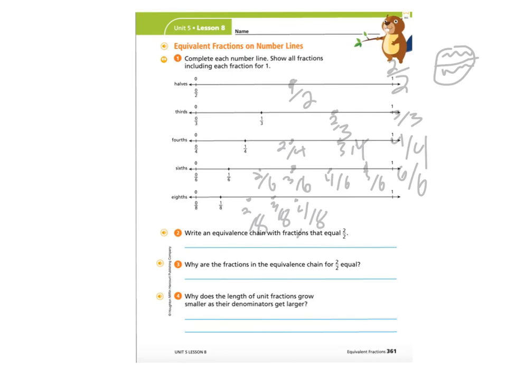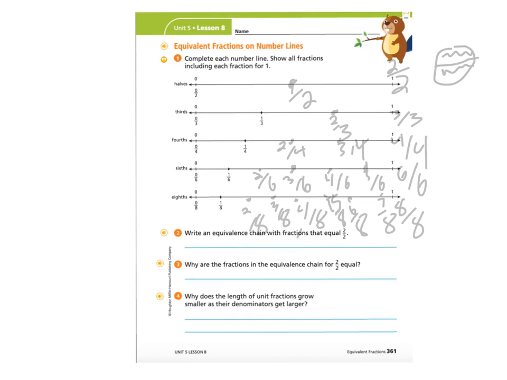Between 4/8 and 1 whole, which is 8/8, that's 4, 6, 8, so that'd be 6/8. And if I find the halfway point between those two, that would be 5/8, and that would be 7/8. So now this is what they have. I know it's a little bit sloppy, but you guys will write it a lot nicer in your book.